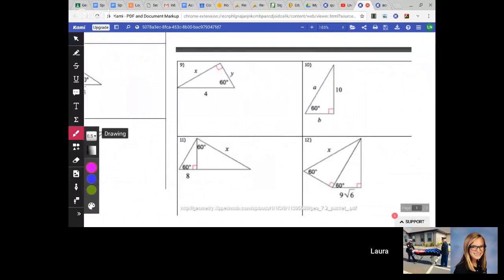All right. In 11, it's two of them stuck together, and they're both 30, 60, 90s. This one's similar to the one Bryson asked about a minute ago, where you only have one number to start with, this 8 down here. So you can't use the big triangle yet, this right side triangle, because you don't have any information.